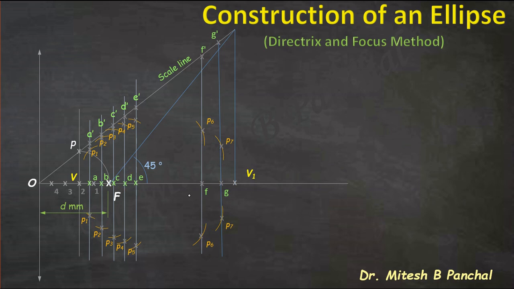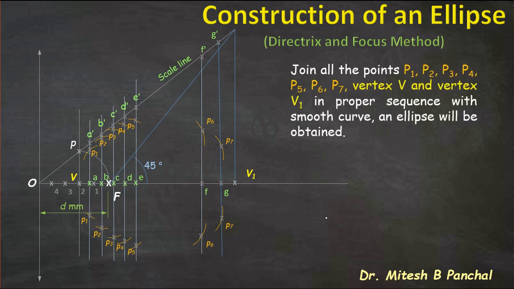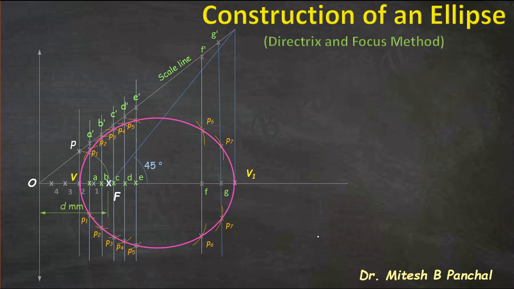In between you can take, if you want, for the smoothness of the curve, different points in between E and F. Joining all these points P1, P2, P3, P4, P5, P6, P7, vertex V and vertex V1 in proper sequence with a smooth curve, an ellipse will be obtained. So this is the procedure for the construction of an ellipse using Directrix and Focus method.